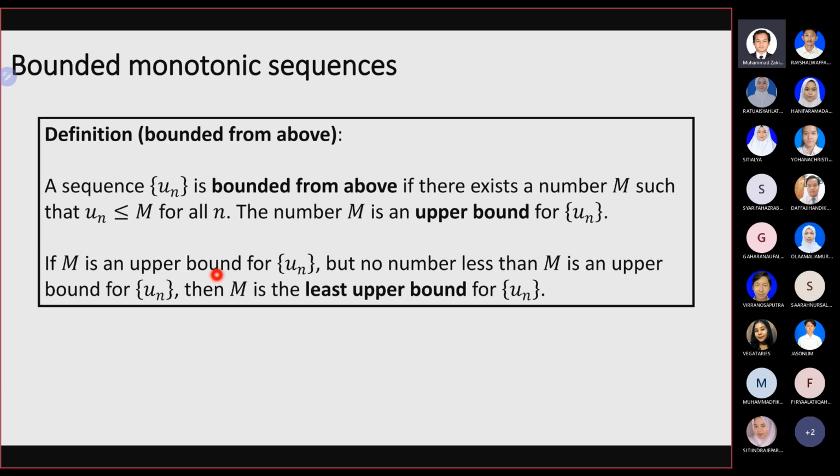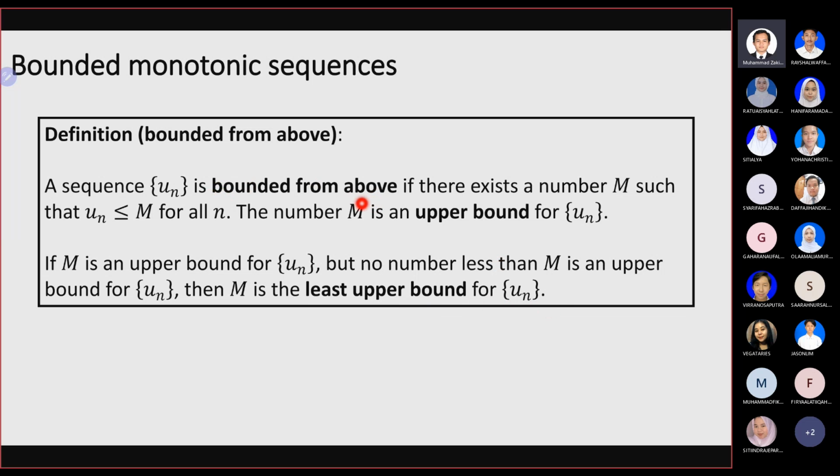Likewise, okay, so in this case, if we know that m is an upper bound, but we cannot find any number less than m that can be the upper bound for the sequence, then m is called the least upper bound.